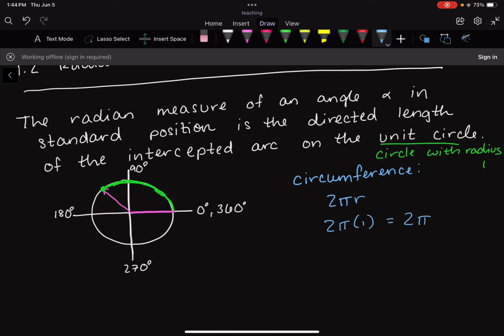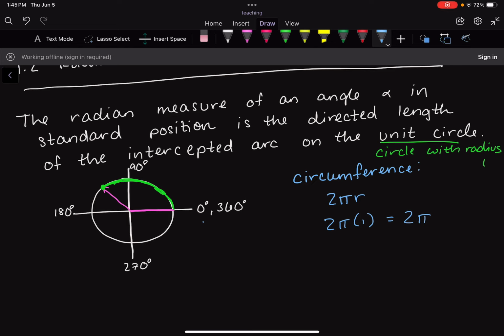What this is telling us is that on a circle with a radius of 1, on a unit circle, and we do talk about the unit circle a lot in trigonometry, the length all the way around the circle, the circumference, would equal 2 pi. So this is pretty good for us.